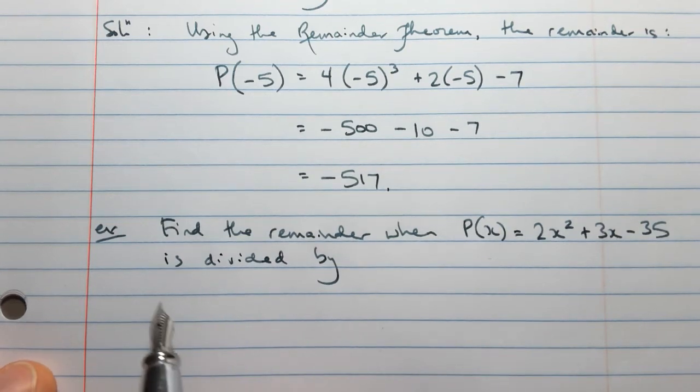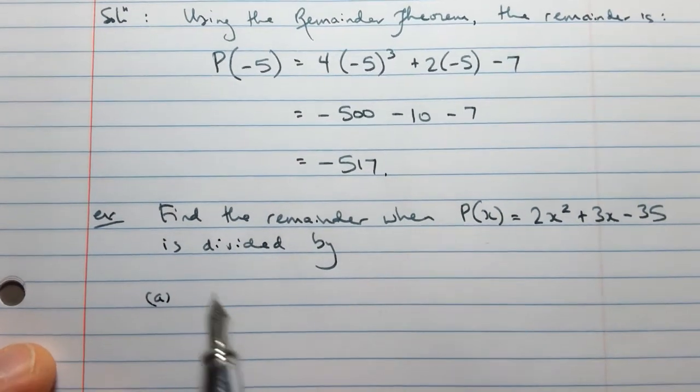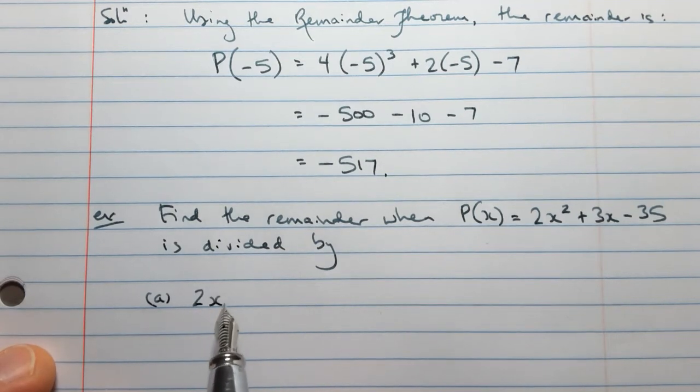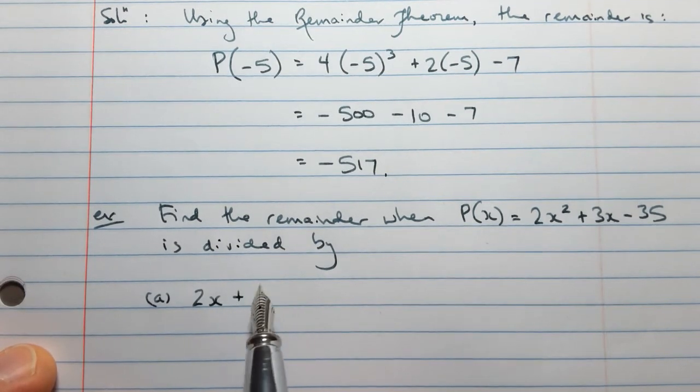How about we'll do part A here. Let's do 2x plus 5.